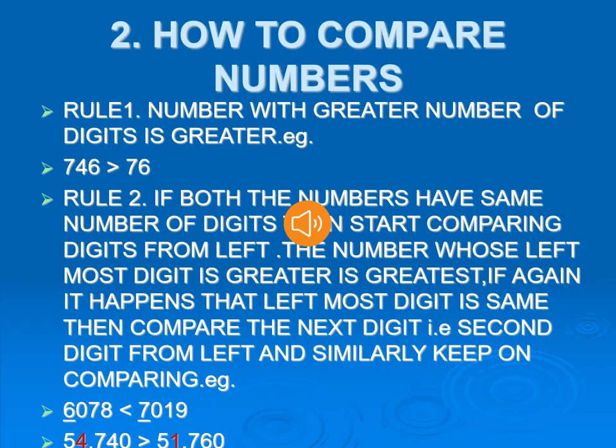And in the numbers 54,740 and 51,760, in both these numbers, the leftmost digits are 5, which are the same. Then we move to the next digit from the left, that is 4 and 1. Digit 4 is greater than 1. So the number 54,740 is greater than 51,760.